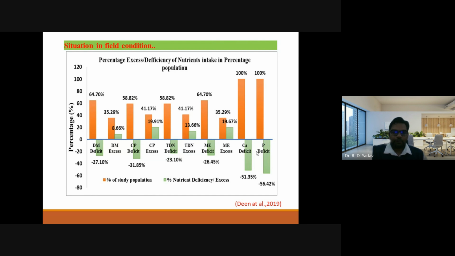This slide shows the population with nutrient deficit and excess. You can see they are either deficient or in excess in different nutrients like dry matter, CP, TDN, ME, calcium, and phosphorus. So if you are not giving a balanced ration to the animals, many problems will take place.